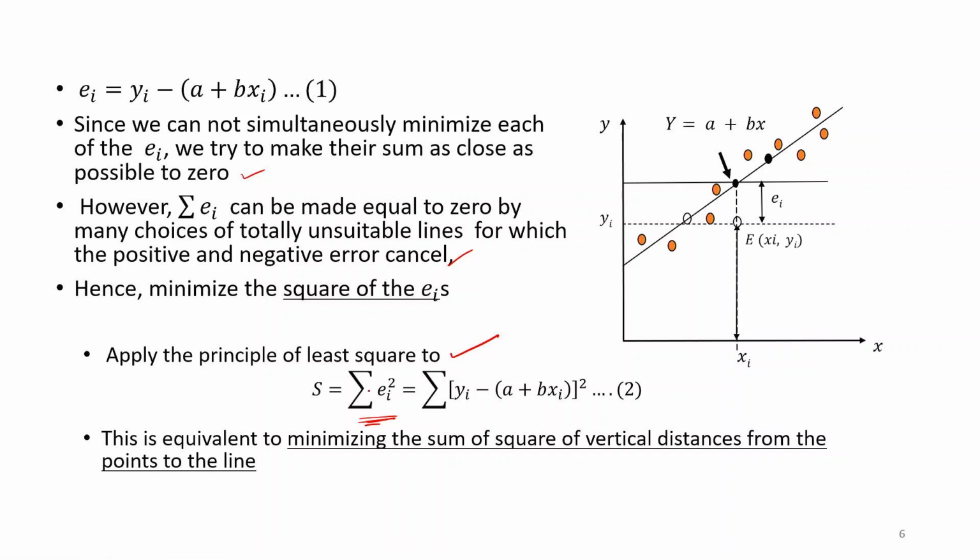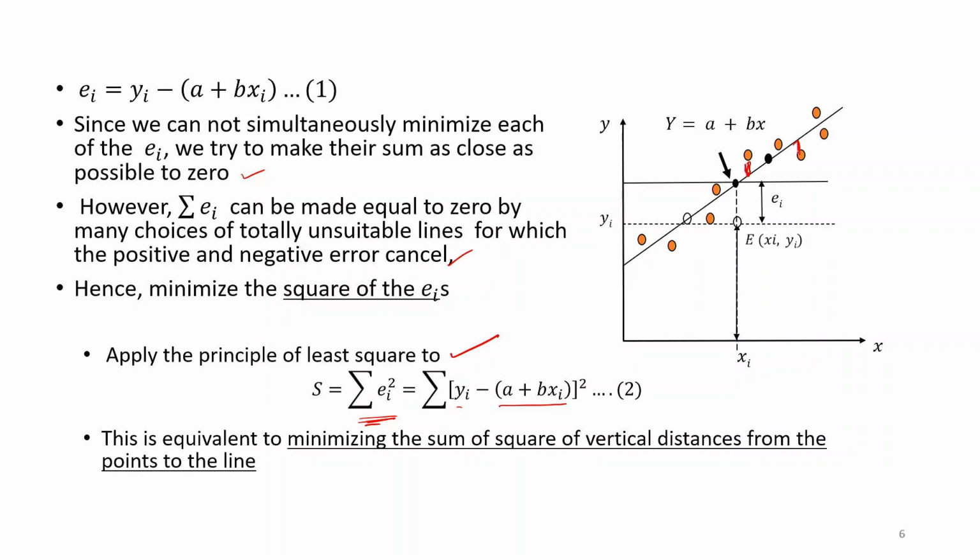So if it's ei squared, it basically means yi minus (a plus b xi) whole square, and then sigma. So all these distances: if I take another value of xi, the y hat is here and this is the error. For another one, this may be the error.